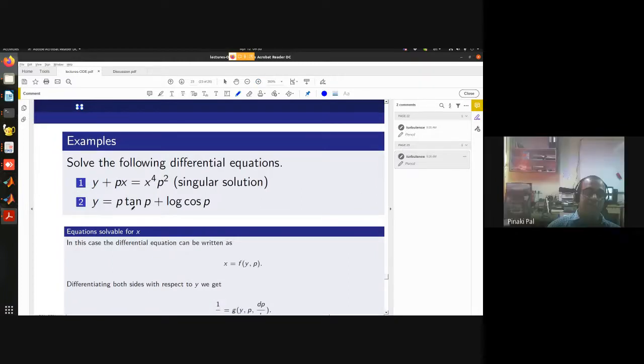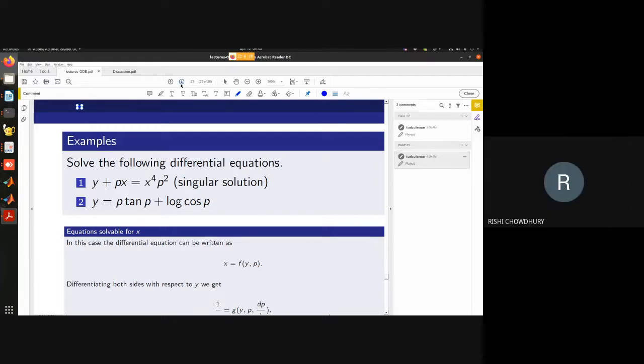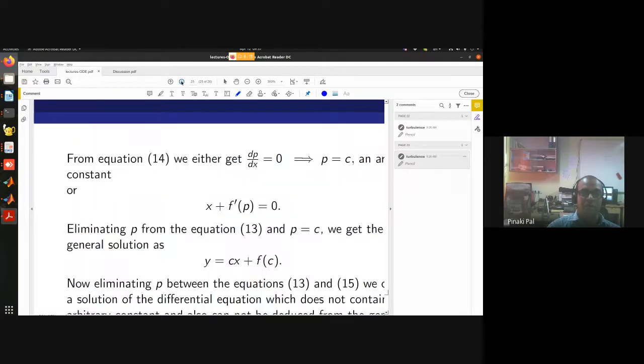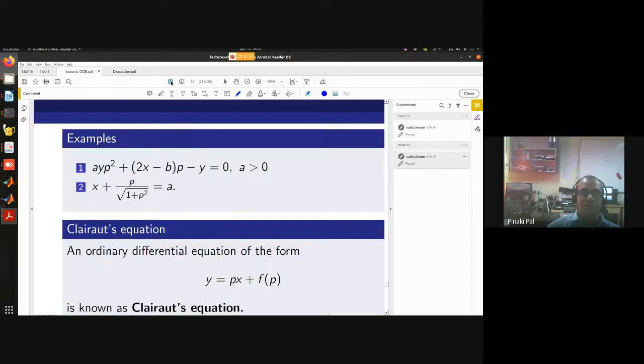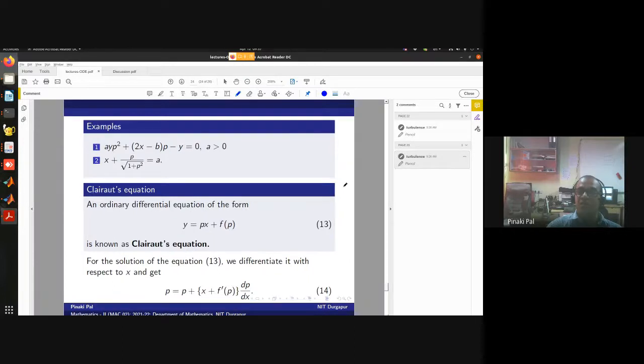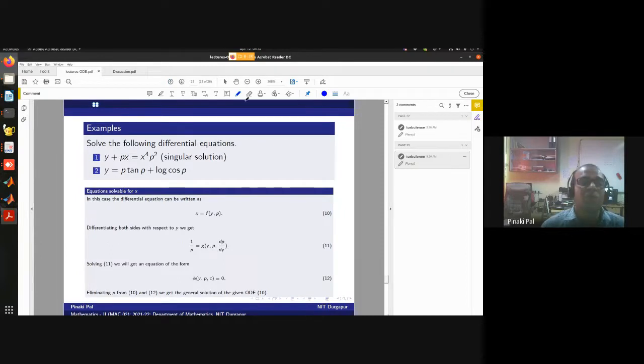There is no x in the differential equation. Still, we can consider it as a function of x and p. Y is equal to p tan p plus log cos p.